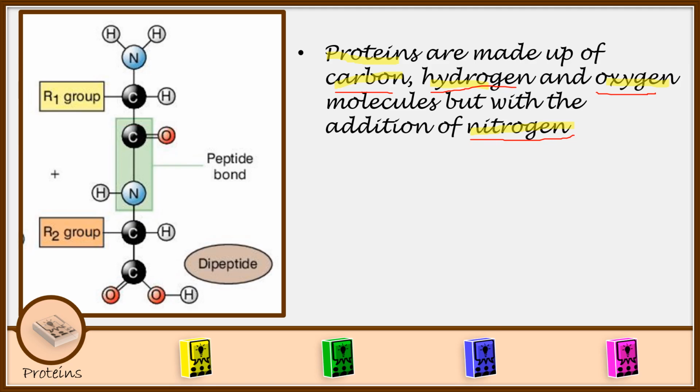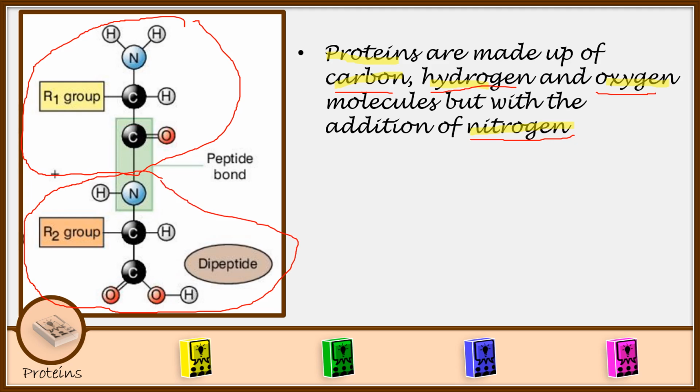Now when we look here we have two amino acids joined together with a peptide bond. The peptide bond here is formed as a result of condensation, the loss of a water molecule.